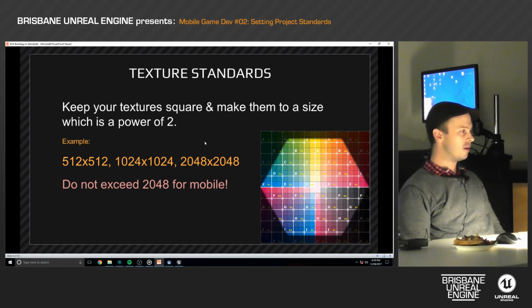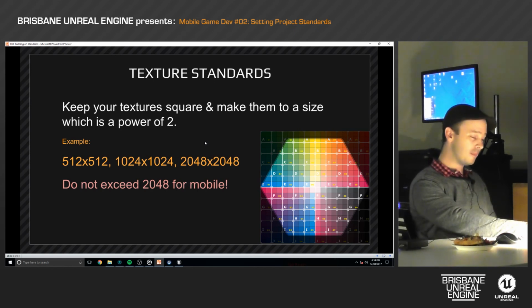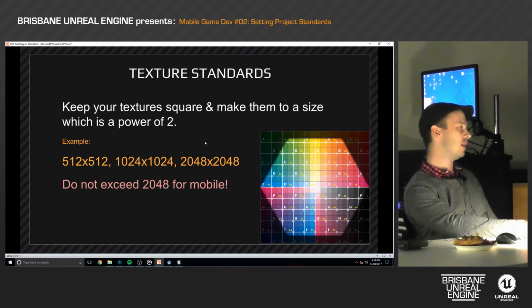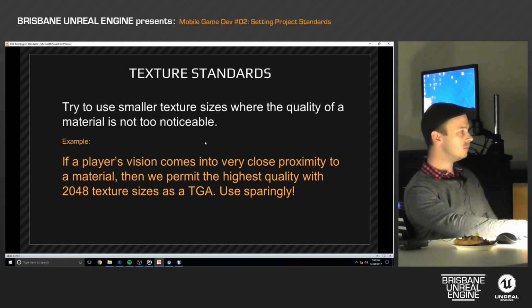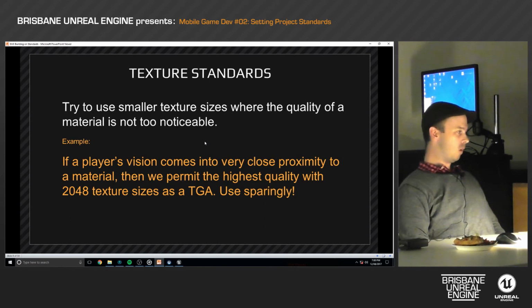With a typical game, you don't have to make your textures perfectly square, but it helps, and you want them to be in a power of 2. If you follow the 512 by 512, or what you can see there, that is great. But don't ever exceed 2048. And we want to use smaller texture sizes where the quality of the material is not too noticeable.